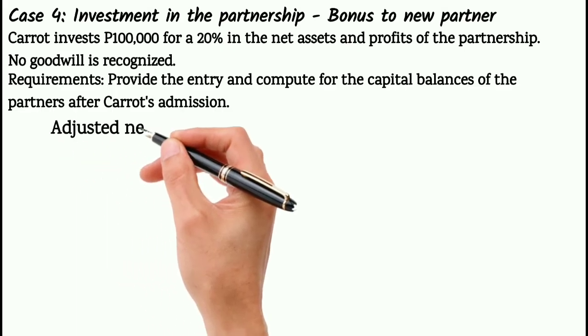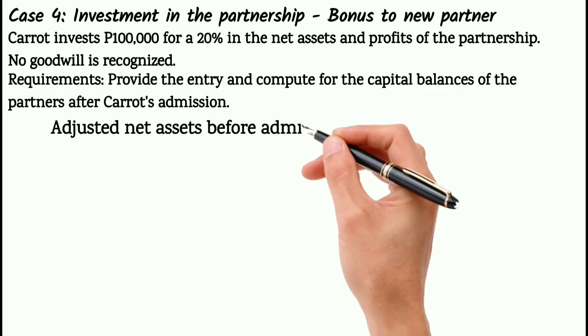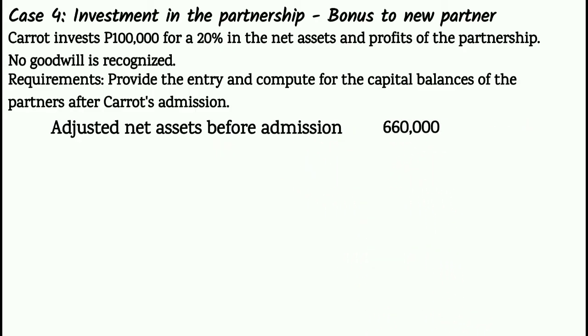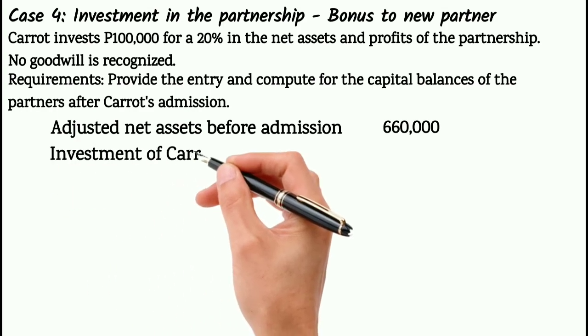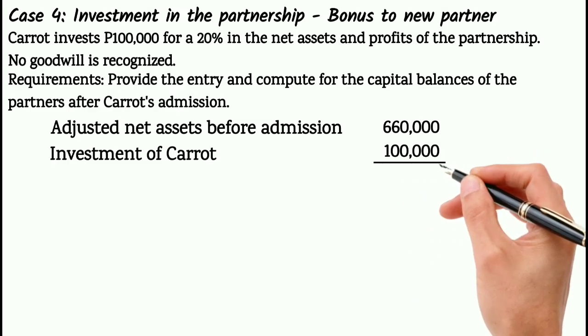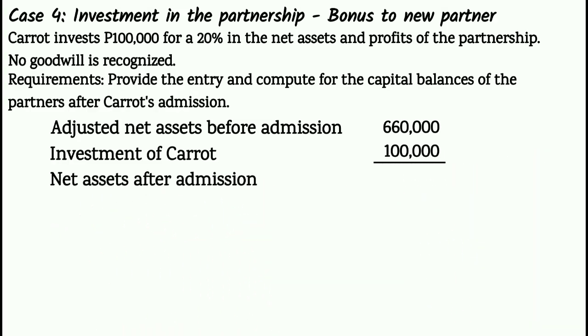Ang adjusted net assets before admission ay 660,000 pesos. I-add natin yung investment ni Carrot na 100,000 pesos para makuha natin yung net assets after admission. 660,000 pesos plus 100,000 pesos.